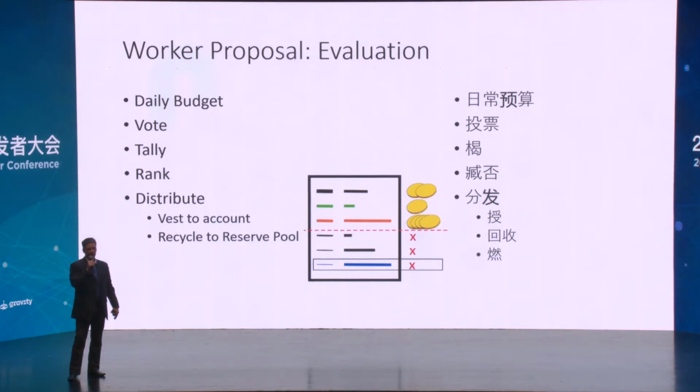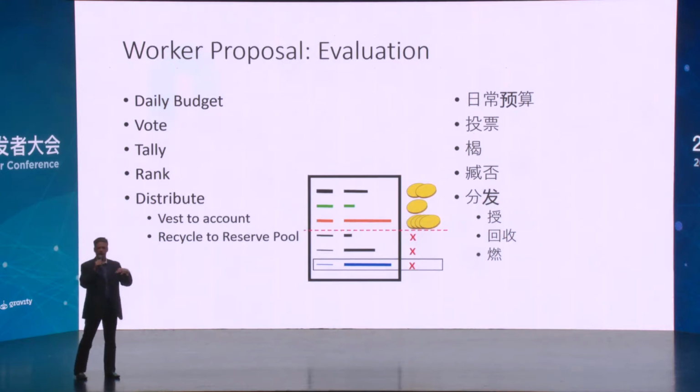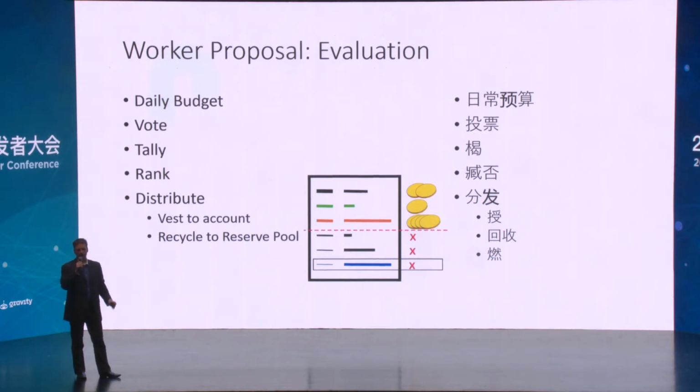But the other way is that we have another worker which is defined as the refund worker, and what this one does is takes all of the coins that it collects and puts them back into the reserve pool. So you'll see in BitShares that we have a refund worker. I think it's worth 400,000 coins each day, and so you must get your worker proposal higher than that refund worker, or else you won't have any left when yours gets evaluated.